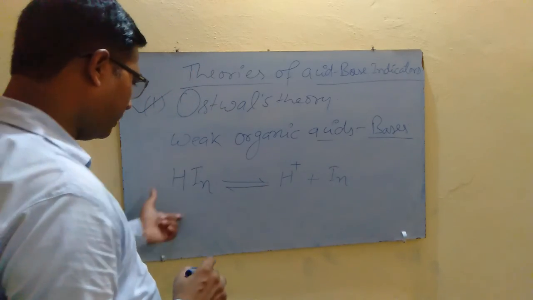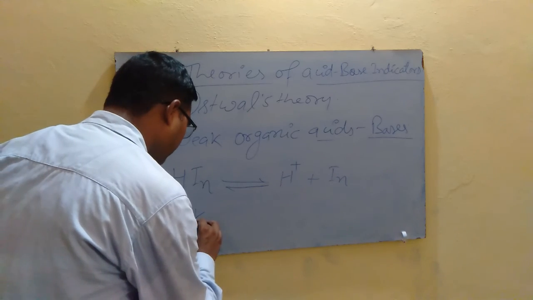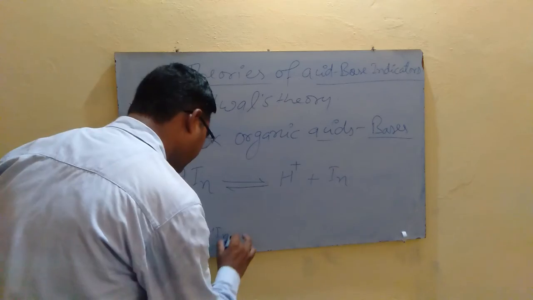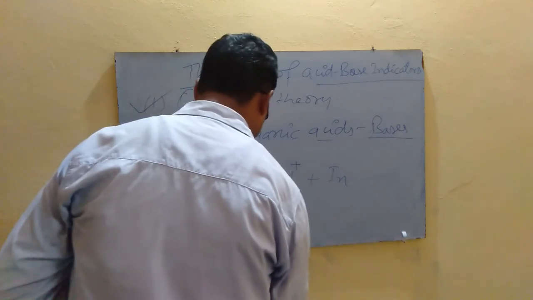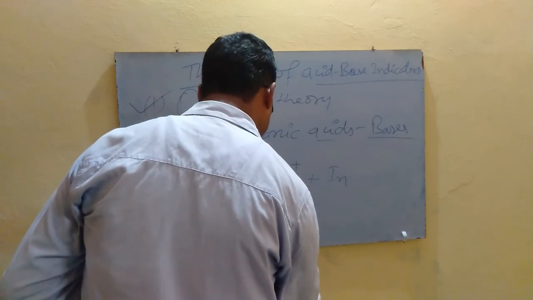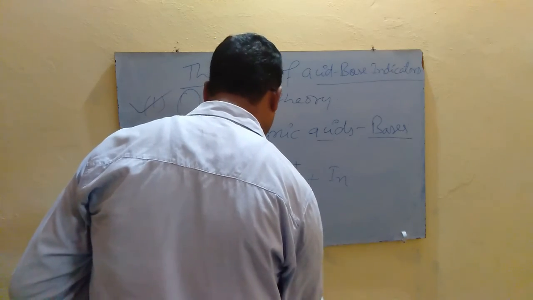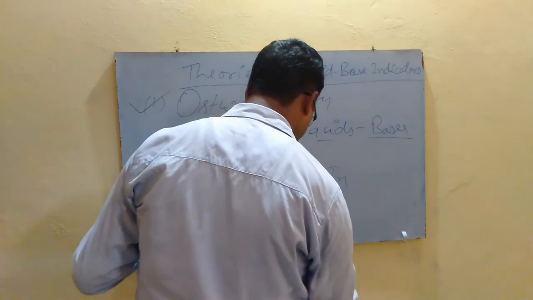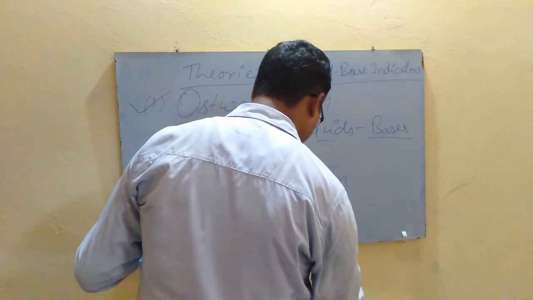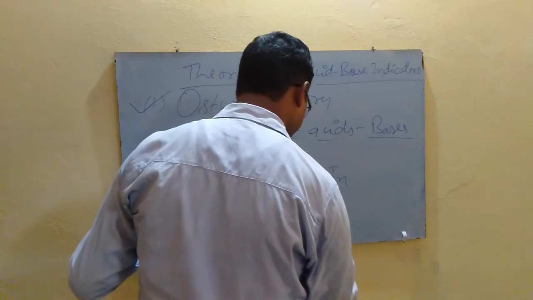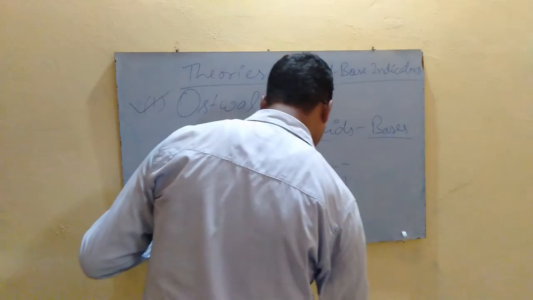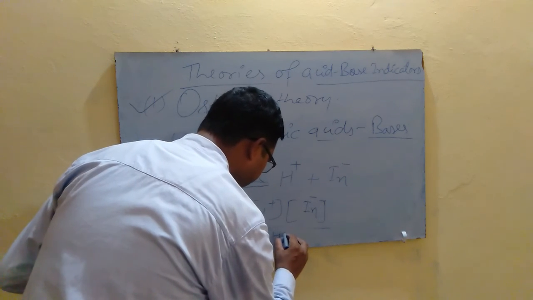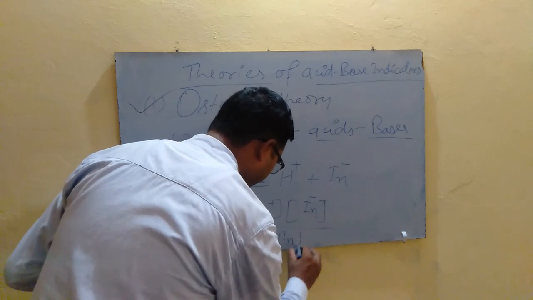So we can calculate the equilibrium constant of this indicator, that will be K of HIn, and it will be equal to the concentration of H plus furnished from the indicator and concentration of ionized molecule of indicator, this is In minus, upon the concentration of unionized molecule of indicator, that is HIn.